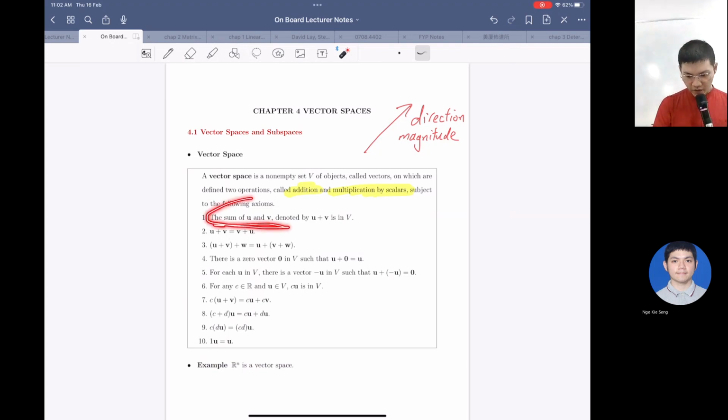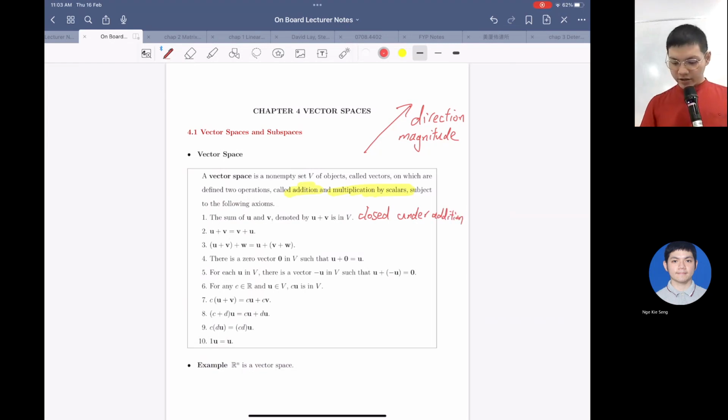First of all, if I add two elements together, the result is still an element in the set. This is what we call closed under vector addition. We have encountered this idea before. Secondly, we want the addition to be commutative, so u plus v is equal to v plus u.